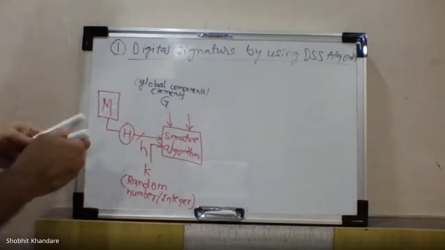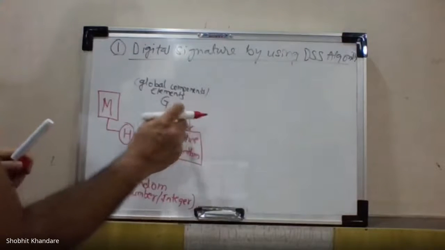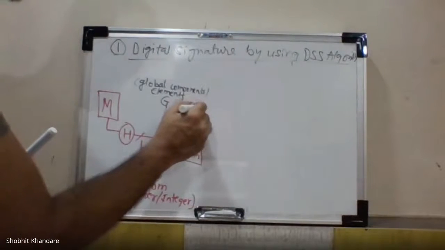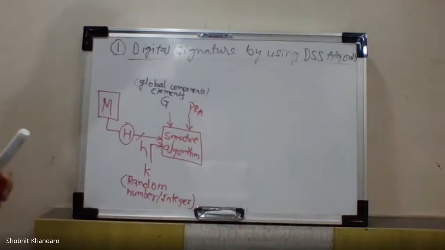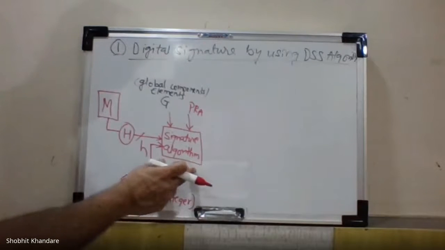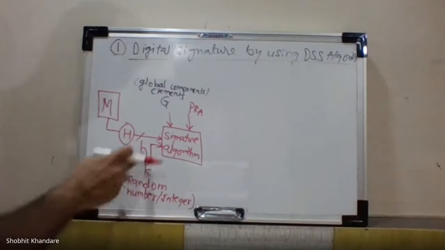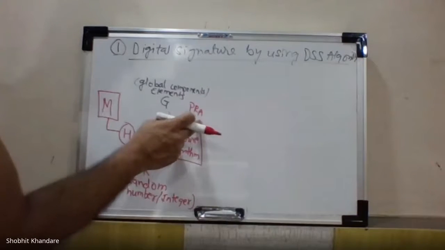And as we are studying under the digital signature, we know that the other key is PRA, that is the private key of user A. So the digital signature algorithm uses 4 parameters as input: small h, small k, capital G, and PRA, the private key.